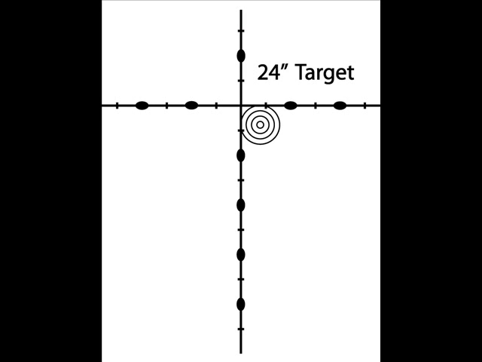And now we see another 24-inch target. This one is quite a bit further away. This target is subtending about 0.8 mil in your scope.